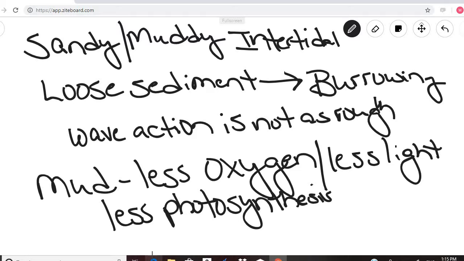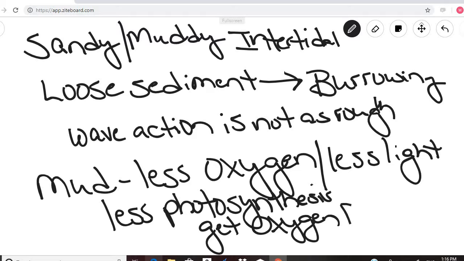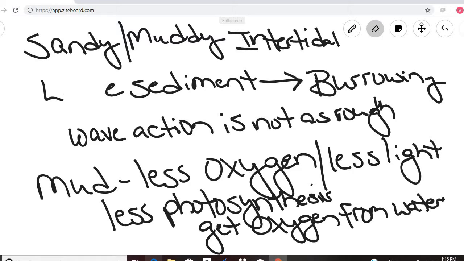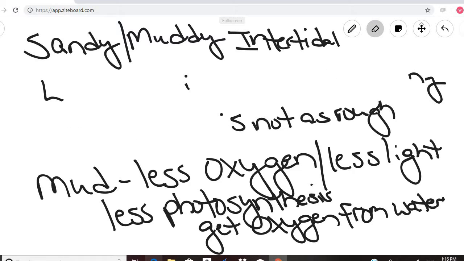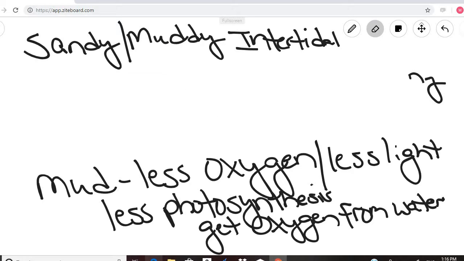They really have to get their oxygen from the water as the water seeps down into the mud as much as it can. But if you get deep down where the water can't penetrate as easily, it's going to be pretty anaerobic.